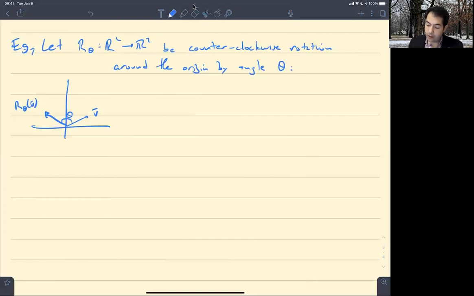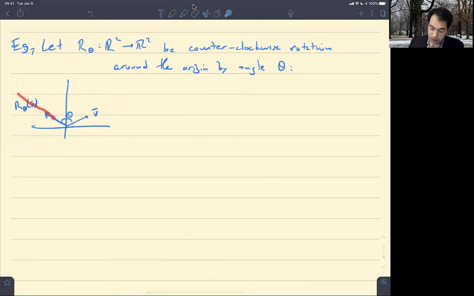Okay, so what are the eigenvectors of this map? Well, we're looking for vectors that get sent to a multiple of themselves. Vectors that get sent, possibly not to the same vector, but to a vector on the same line that you started with, right? Well, that's going to be really hard in this case, right? Because in the case I've drawn, there's the vector v, well, there's the line containing the vector v in the direction v.